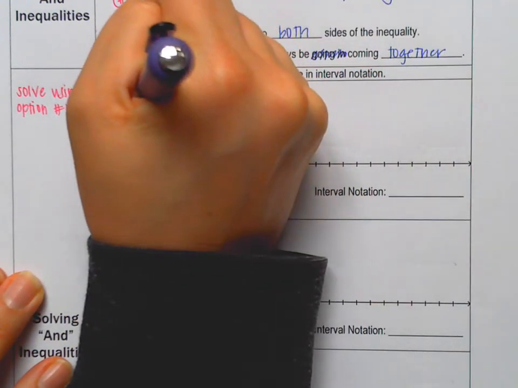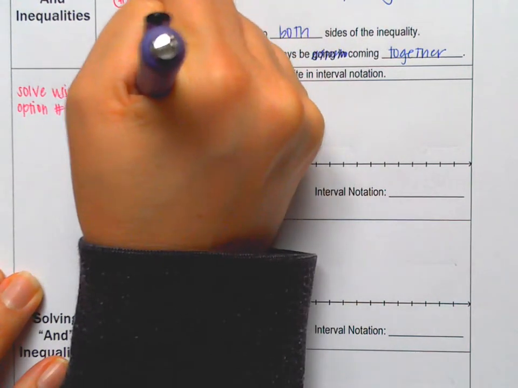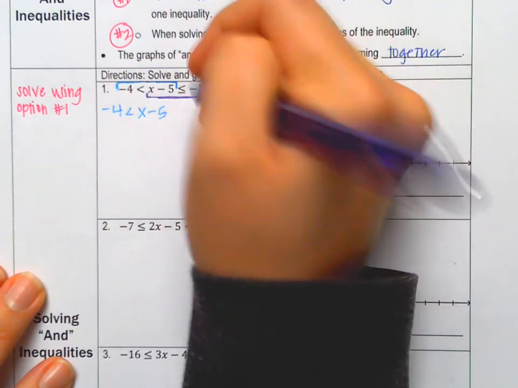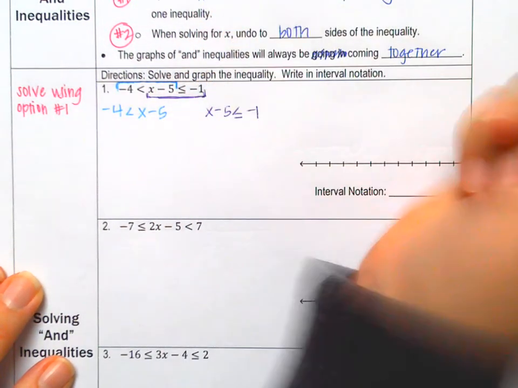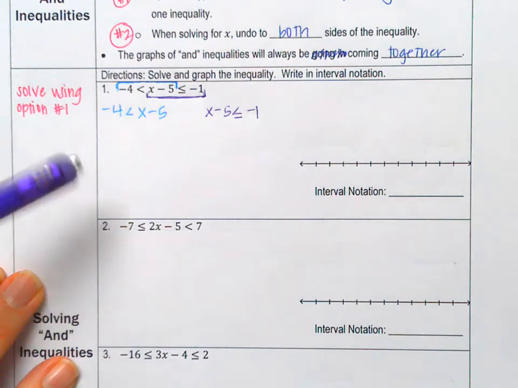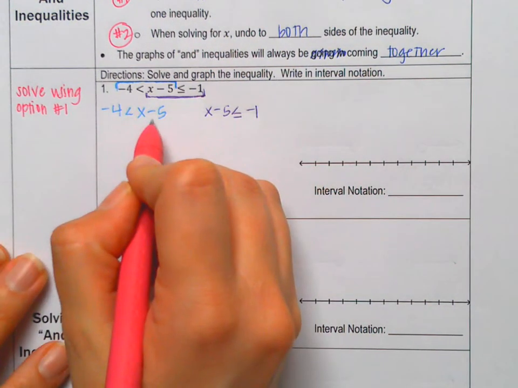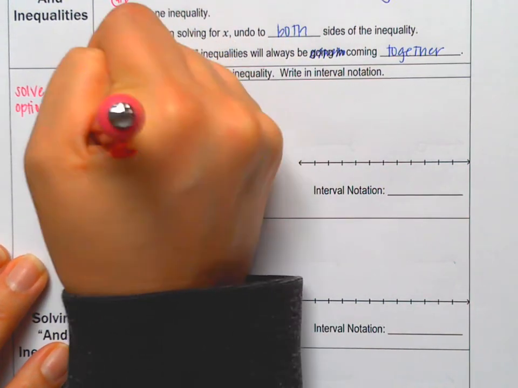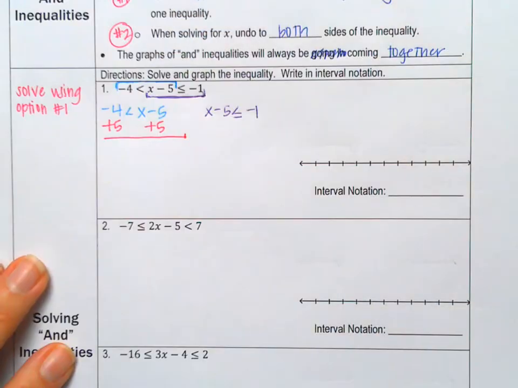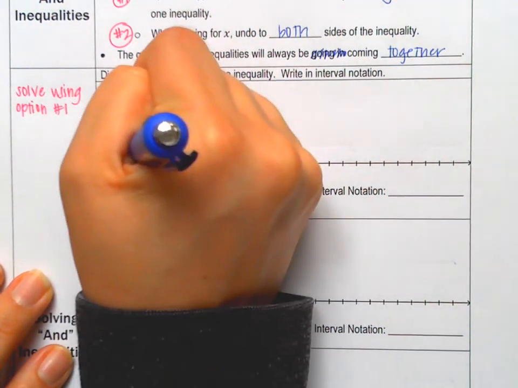So we still take the x minus 5 and then use the second half of that. So x minus 5 is less than or equal to -1. And now I just solve those each separately. I'm going to get x by itself. I'm going to add 5 to both sides. And then I get 1 is less than x.